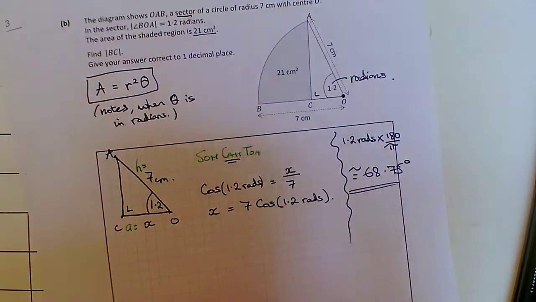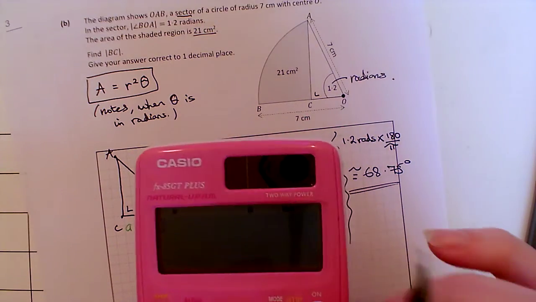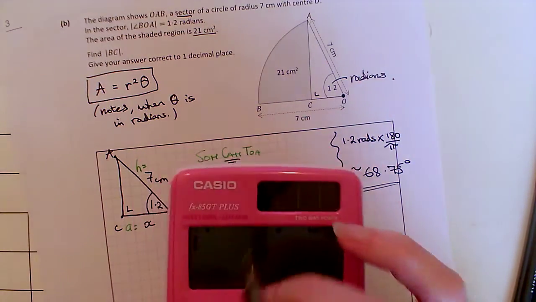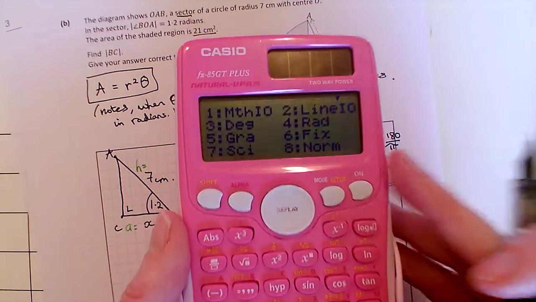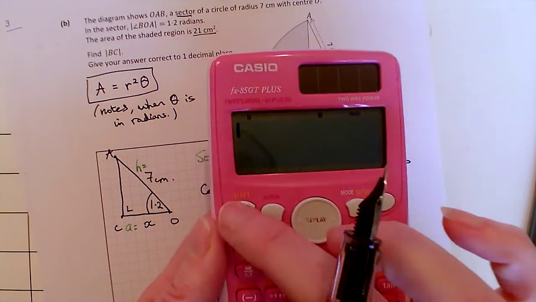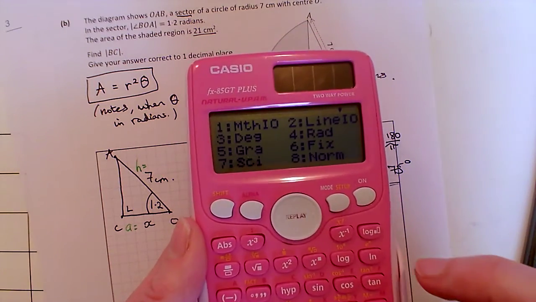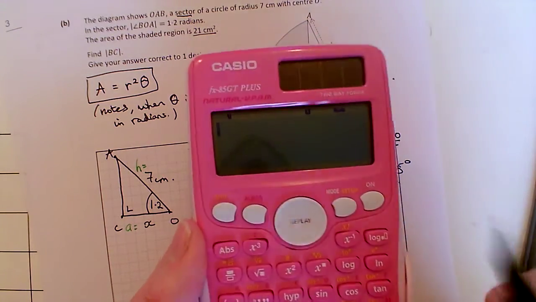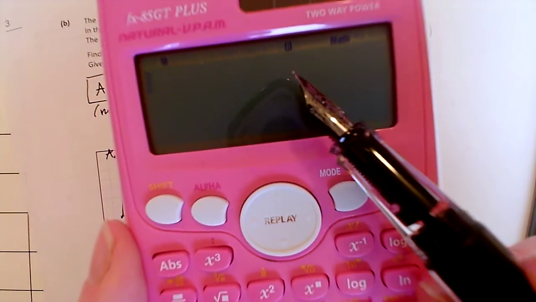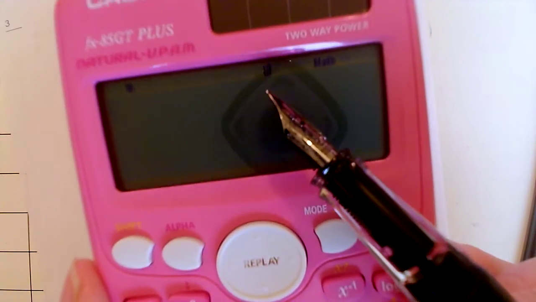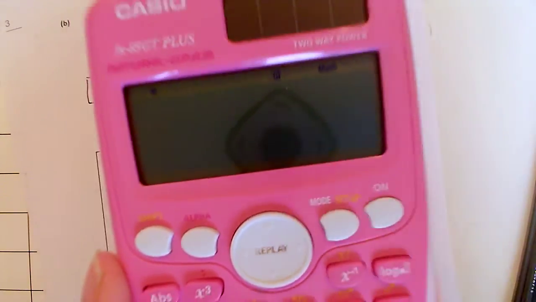So you could use that, or we can change our calculator into radian mode. So on the Casio, shift mode. So you want to get into setup and you press 4, and you'll notice that up here, where it used to be a little d, it's now a little r.